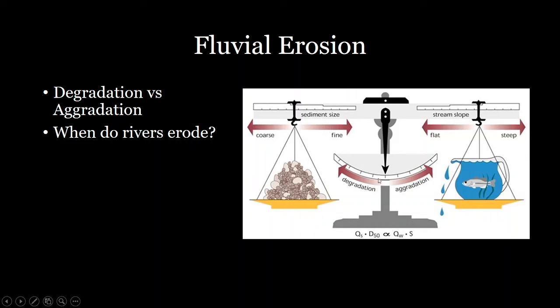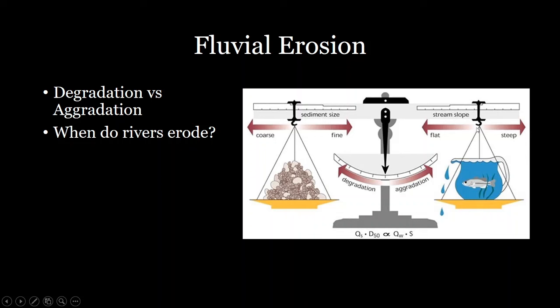And as a result, you have aggradation as the sediment can no longer be transported and starts to be deposited along a river. Whereas if you have the sediment size decreasing, you have finer sediment, then the river more easily carries that sediment and you have degradation and erosion of that material.